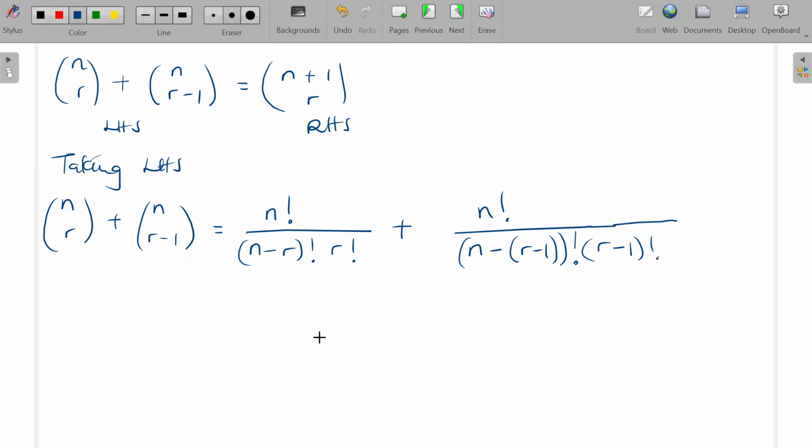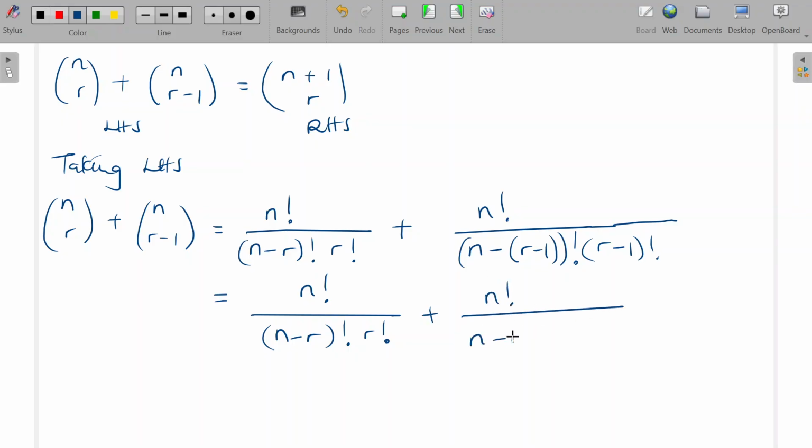Simplifying further, I'm going to have n factorial over n minus r factorial r factorial, plus n factorial over n minus r plus 1 factorial, because the negative and the negative give a plus, then r minus 1 factorial.